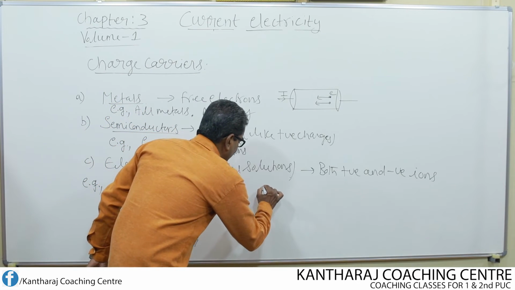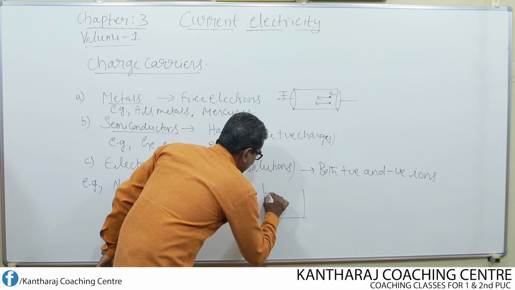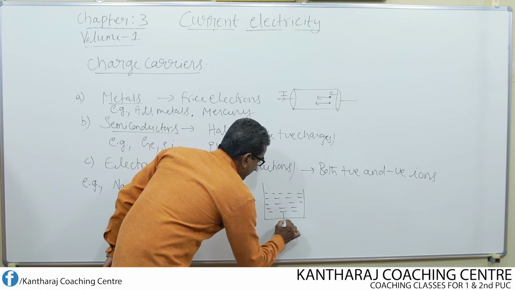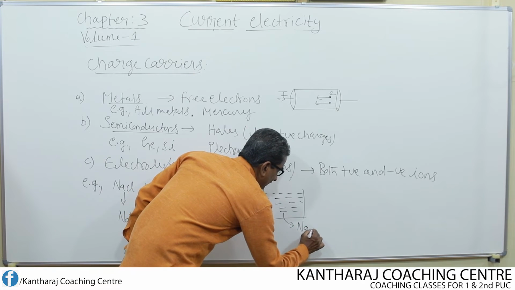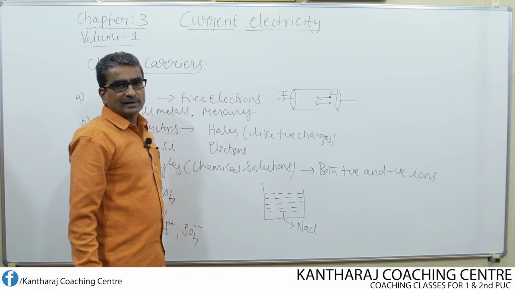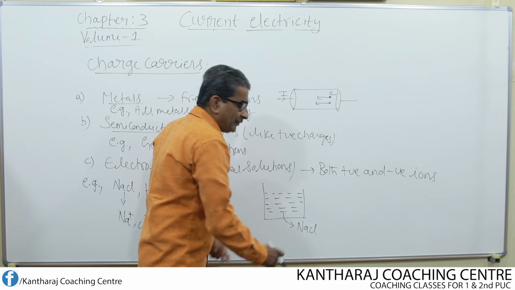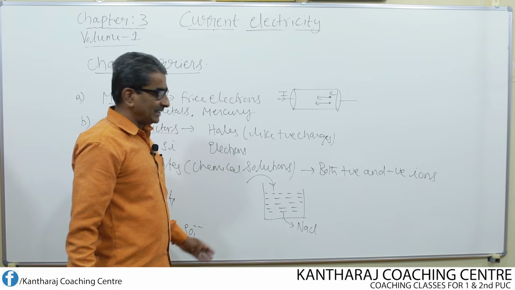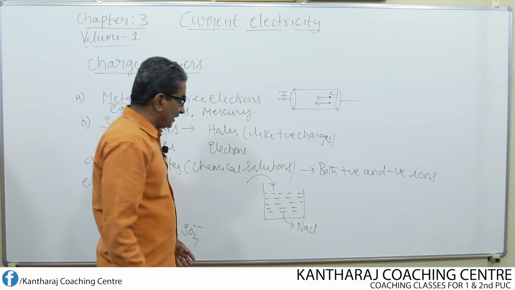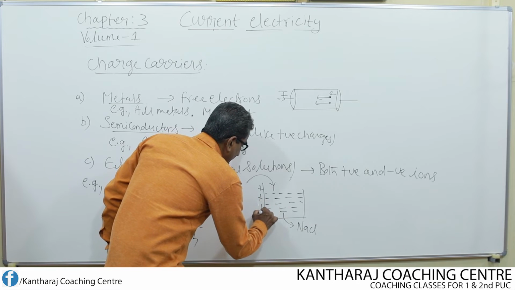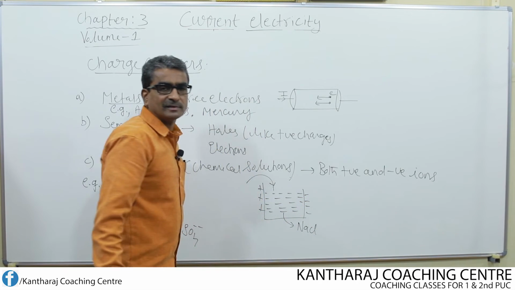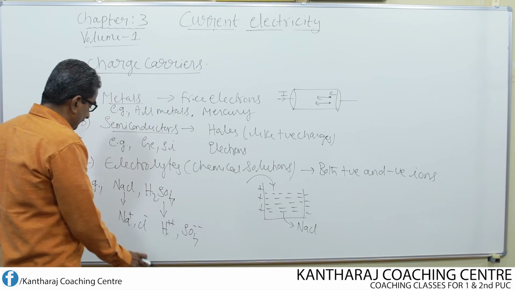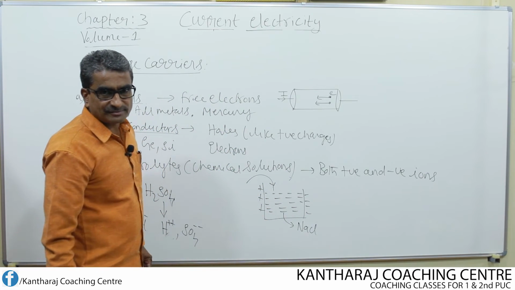That means if I consider a chemical substance in a container, either H2SO4 or sodium chloride, and I apply a strong electric field or pass a current through it, then what happens? The sodium chloride dissociates into positive and negative ions.